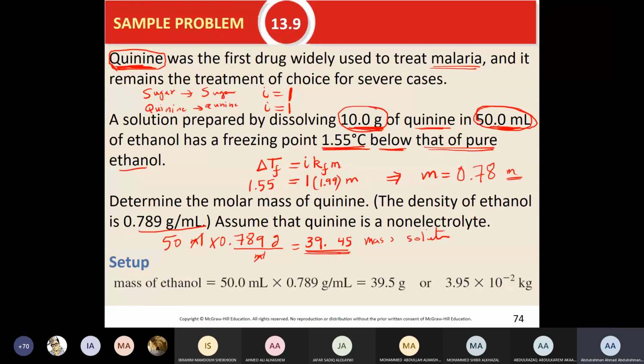What's the mass of ethanol? 29.45, because I took out the 10 grams of quinine. Then, can you change this to kilogram?